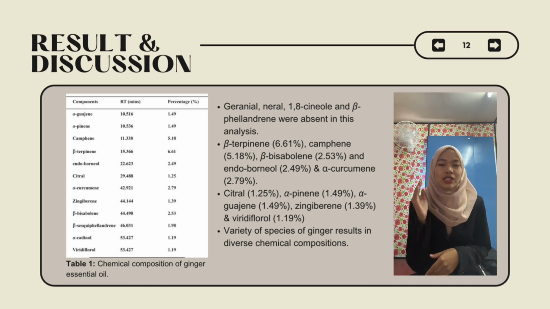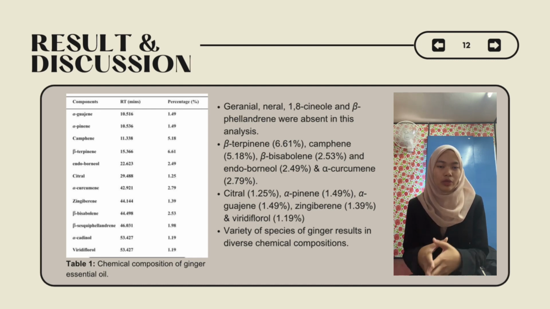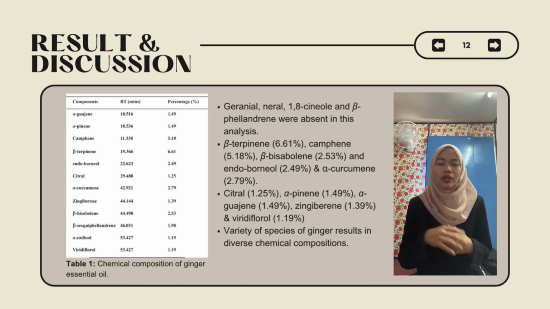The highest composition is beta-terpinene with 6.61%, followed by camphene with 5.18%, beta-bisabolene, endo-borneol, and alpha-curcumene. The ones with less than 2% belong to citral, alpha-pinene, alpha-guaiene, zingiberene, and viridiflorol.